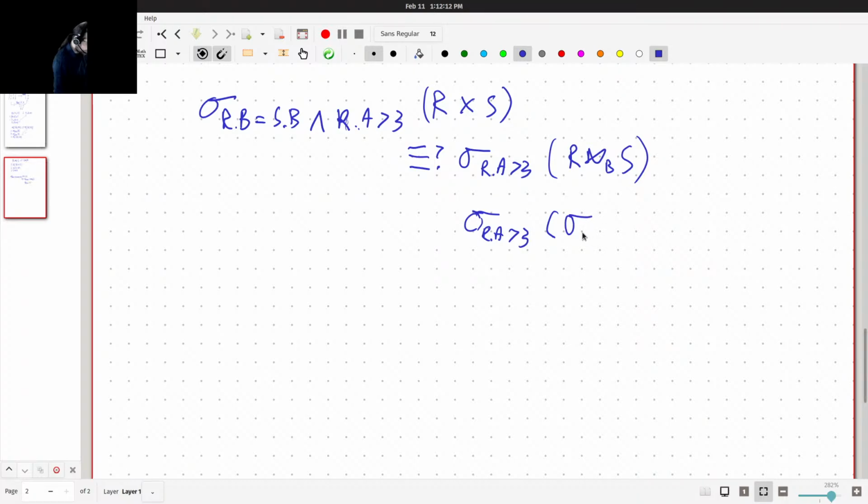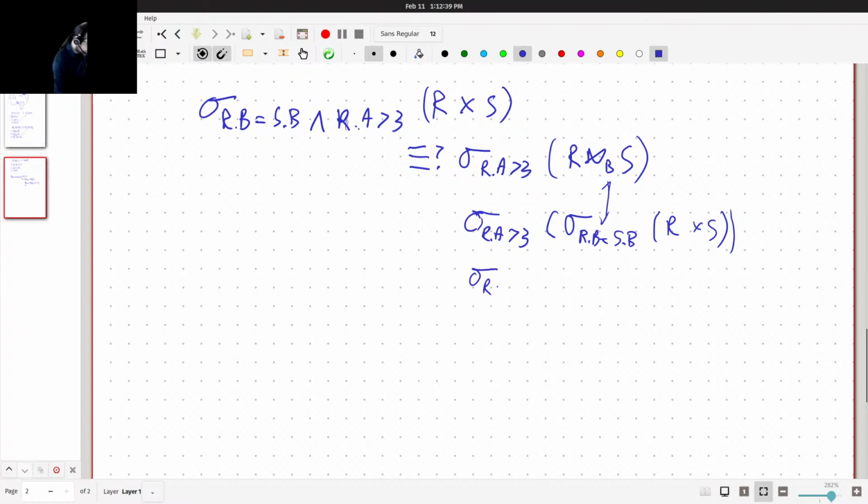Select of R.B equals S.B. And remember, the B there is just a shorthand for this of R cross S. And once we have that, we can apply our earlier rule to combine the two, and then take advantage of the associativity of join.